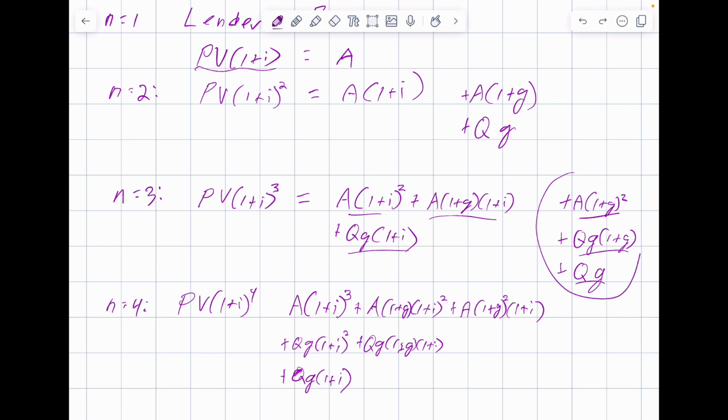We'll multiply the third payment by 1 plus G and add QG.